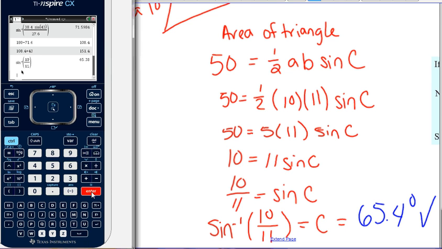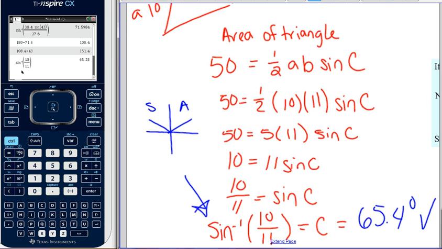And even though we're not doing law of sines or sine rule right now, the fact that we took the inverse of a sine function means that we always have to check that there aren't two solutions to this triangle. So we've just found alpha, which is 65.4 degrees. We know that sine is also positive in quadrant 2, so we need to check if that's a possible solution.